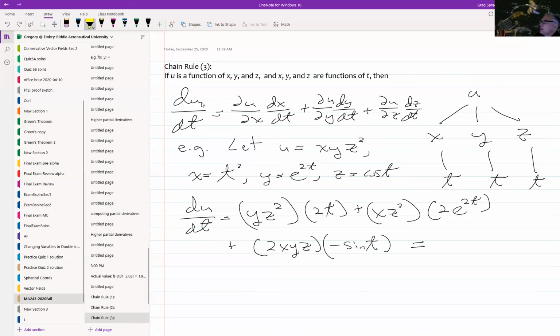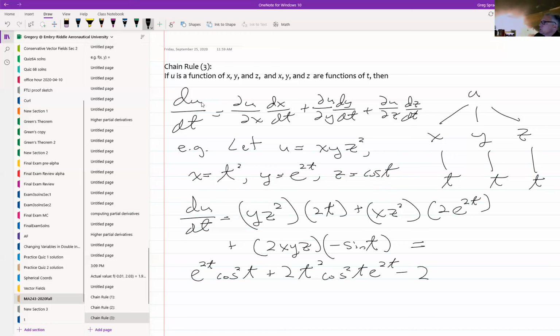And when I do that, I'll get e to the 2t cosine squared t plus 2t squared cosine squared t e to the 2t minus 2t squared e to the 2t sine t cosine t.